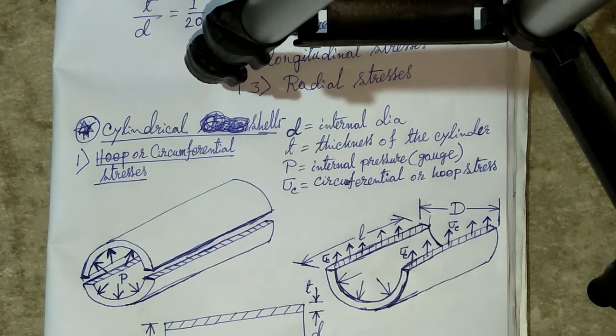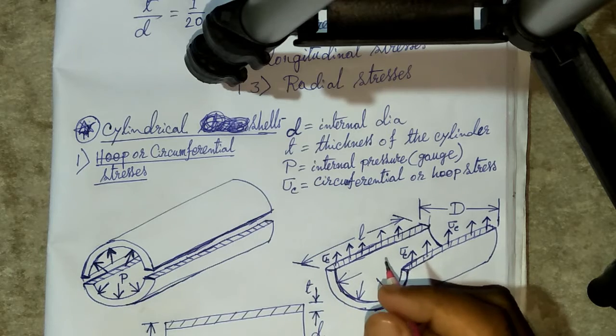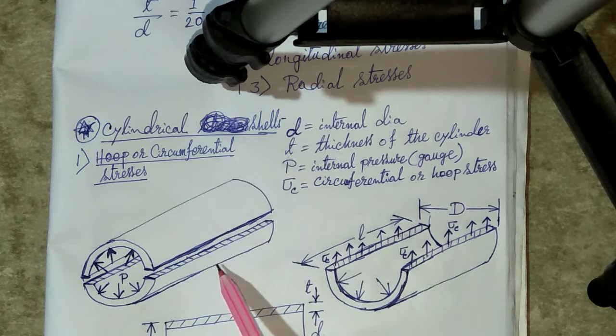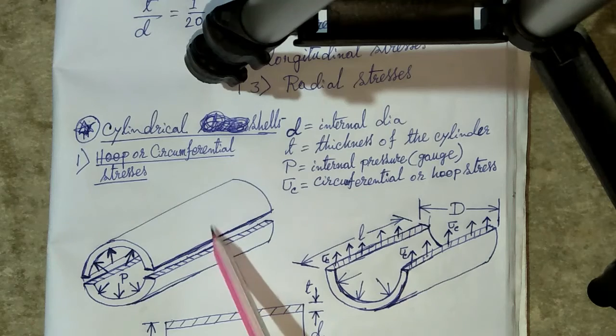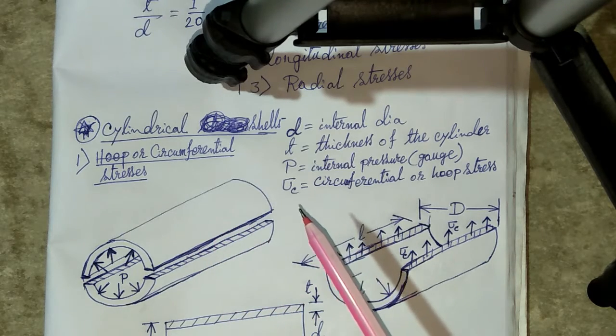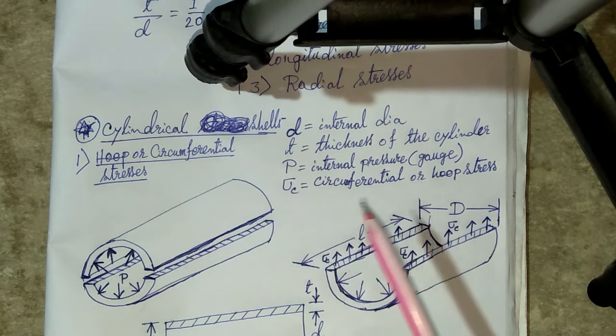This kind of stress acts in a tangential direction to the circumference, and also as you can see in this picture, by the failure of this kind of stress, the cylindrical shell may divide in this fashion, in this kind of troughs.